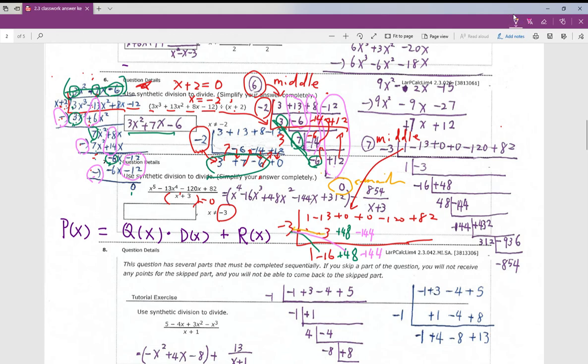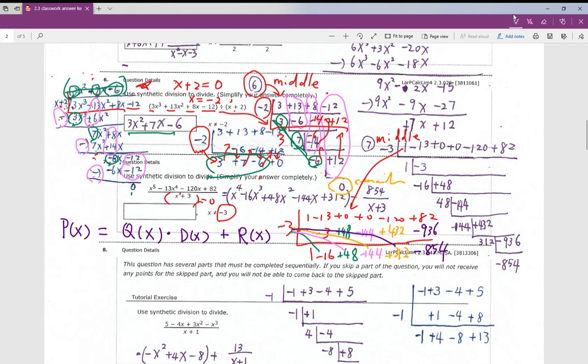So negative 3 multiplied with negative 144, I have positive 432. Plus them together, I have positive 312. Now let me change one more color to purple. Multiply. Then I have negative 936. Plus together, I have negative 858. So if you use long division, you may have similar numbers.